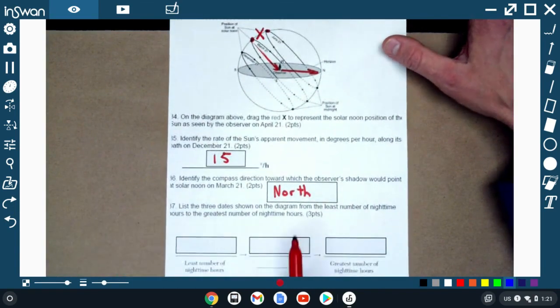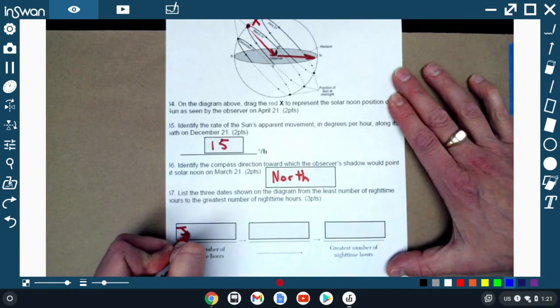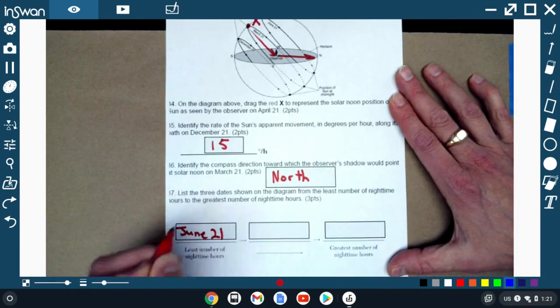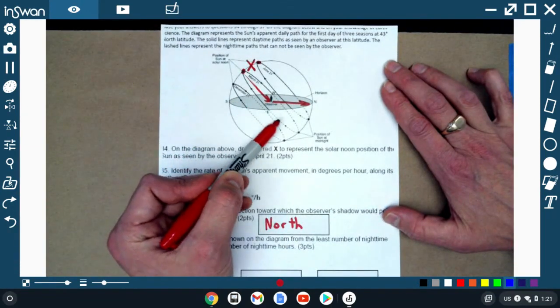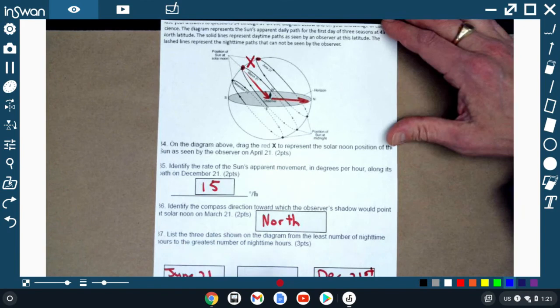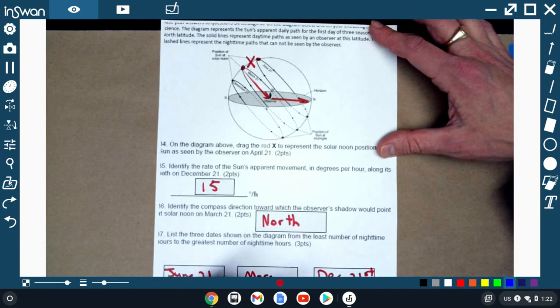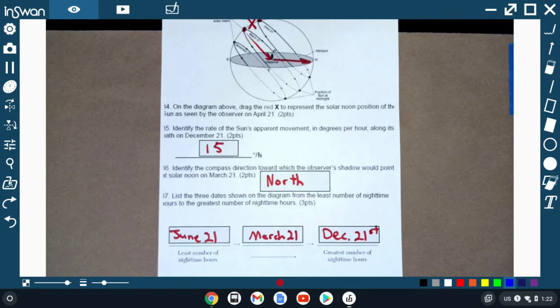So the least number of nighttime hours would be June 21st. And the greatest, if we look at December here, the longest amount of darkness, so December 21st. And then in the middle will be March 21st. All right? And so that's how we figured that out.